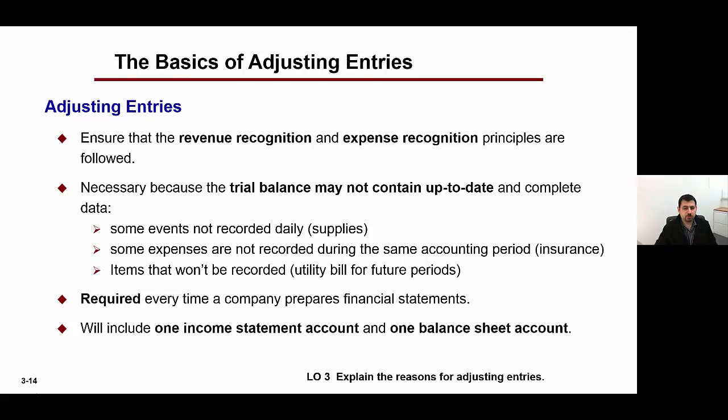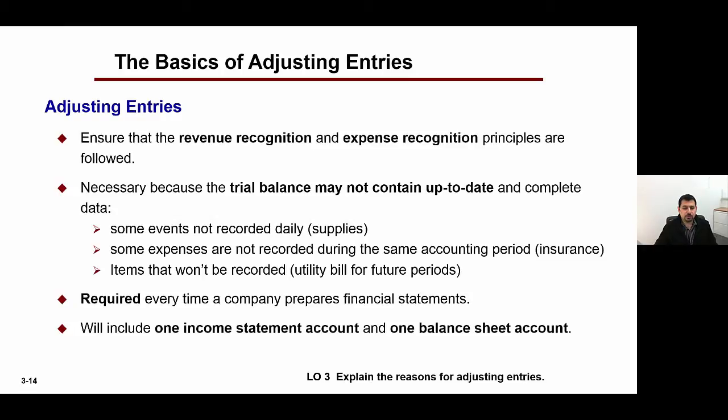Then we also have certain revenues that we might be paid in advance. We have already talked about prepaid expenses and unearned revenues, and we'll talk about that a little bit more later on. We also have certain items that will not be recorded until later on, for example, when we receive a utility bill for the future.